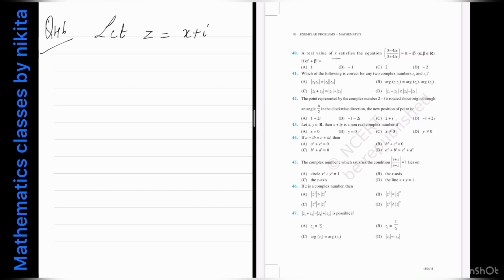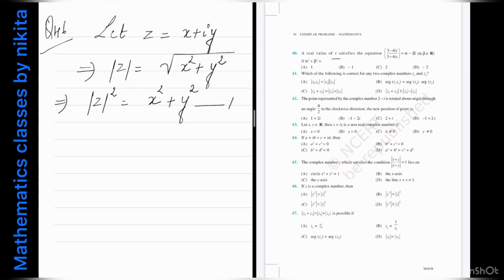So let z equal to x plus iota y. Now first of all, what is mod of z? So this implies that mod of z is equal to under the root x square plus y square. And from here, what will be mod of z whole square? This will be equal to x square plus y square. Okay, mark this as 1. Now I will find what is z square.